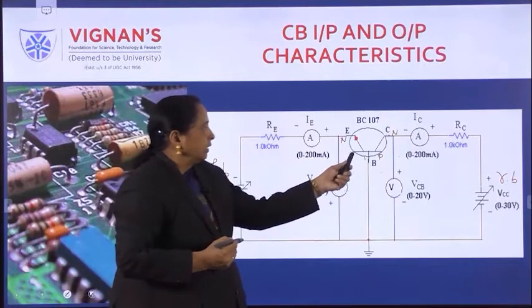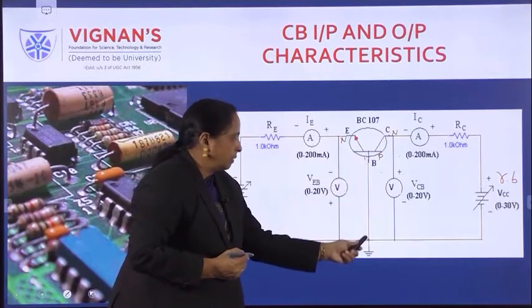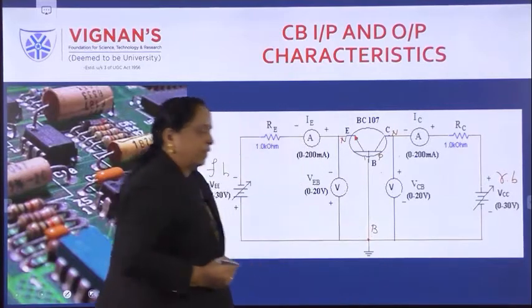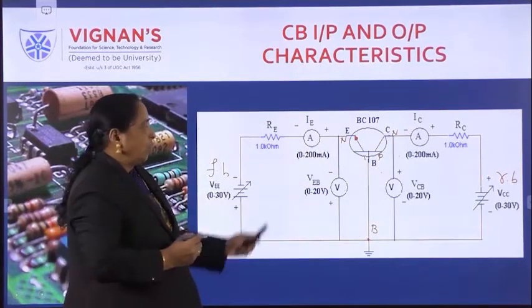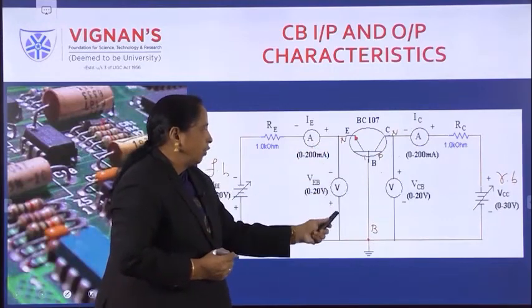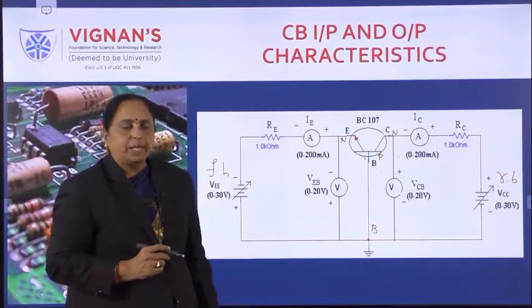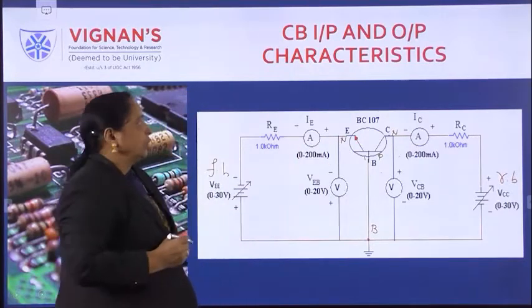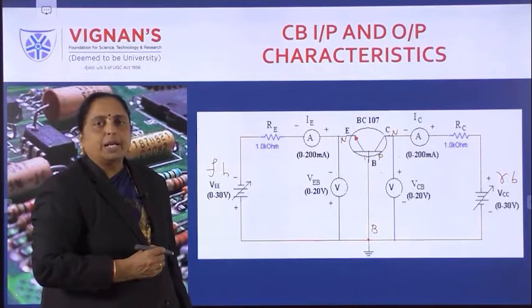Okay, so here the common base configuration means the base is grounded. See, completely the base terminal is perfectly under ground condition. Now we have connected the voltmeter between emitter and base. That's why it is known as VEB, and the emitter current, that is ammeter. So usually we will connect here a milliammeter.